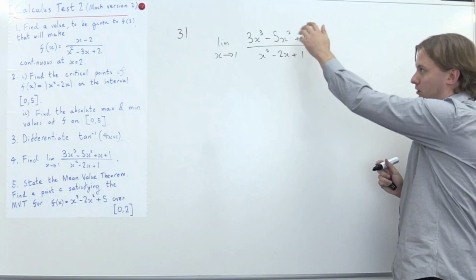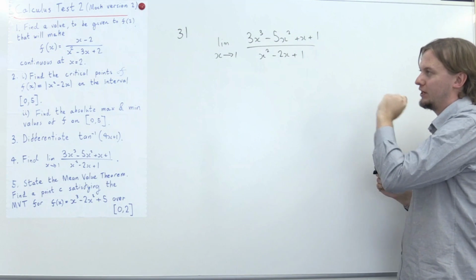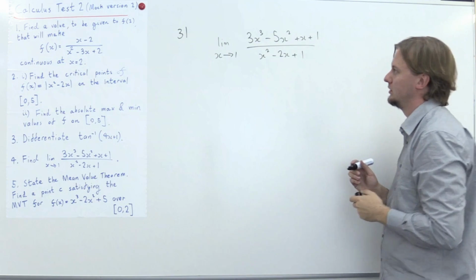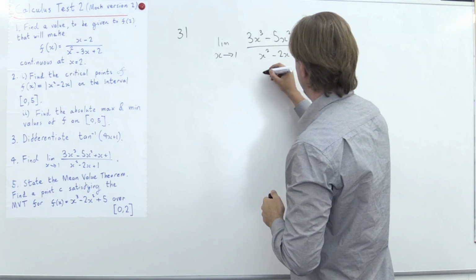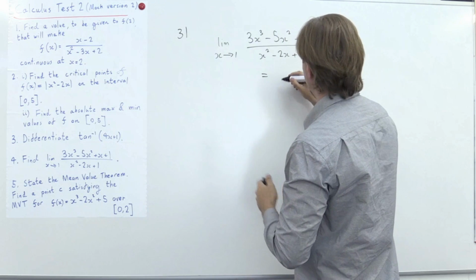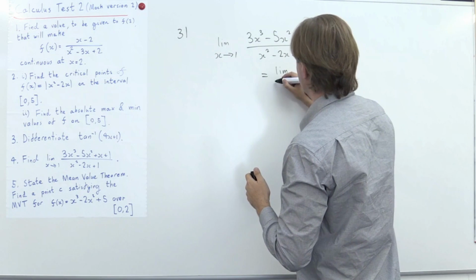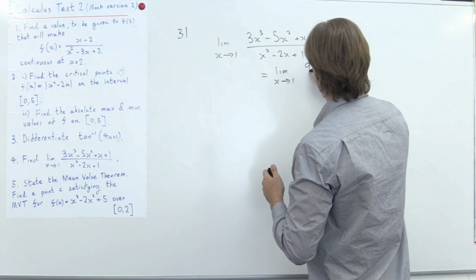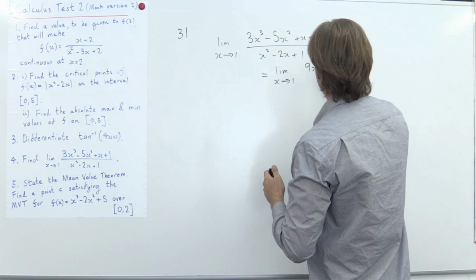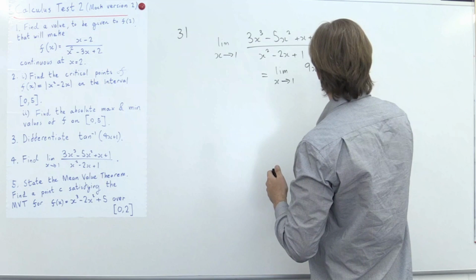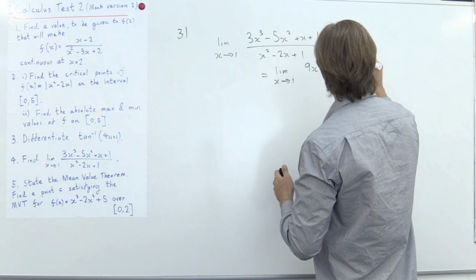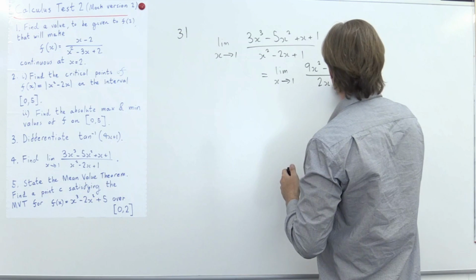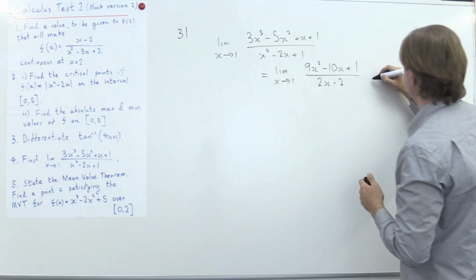Since this is of the form 0 over 0, I can try to get the limit by taking the derivative of the top and the bottom. I'm going to say, if it exists, this should be the limit of 9x squared minus 10x plus 1 over 2x minus 2.